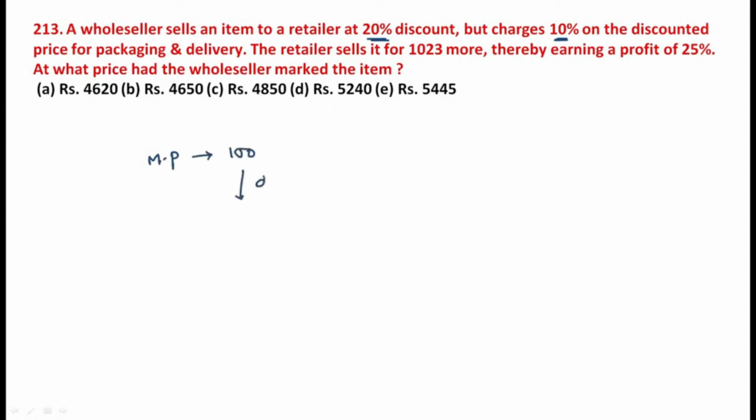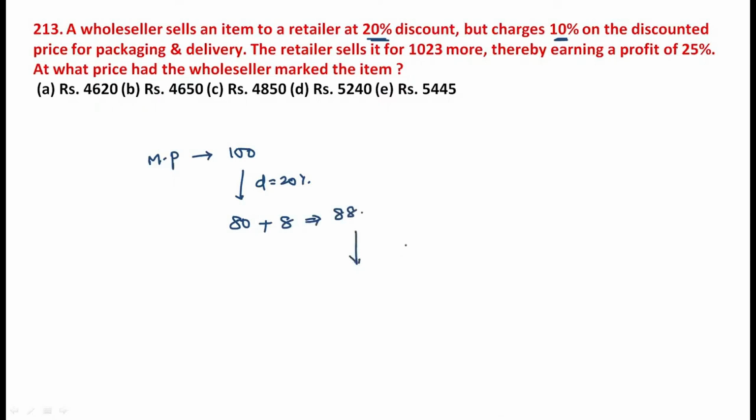Now the person is allowing a discount of 20%, so I get 80 rupees. But there is information that he was taking extra charges for packing and delivery, exactly equal to 10% of the discounted price. See, the discounted price is 80 rupees. Now the packing and delivery charges are 10% of 80, which is 8.